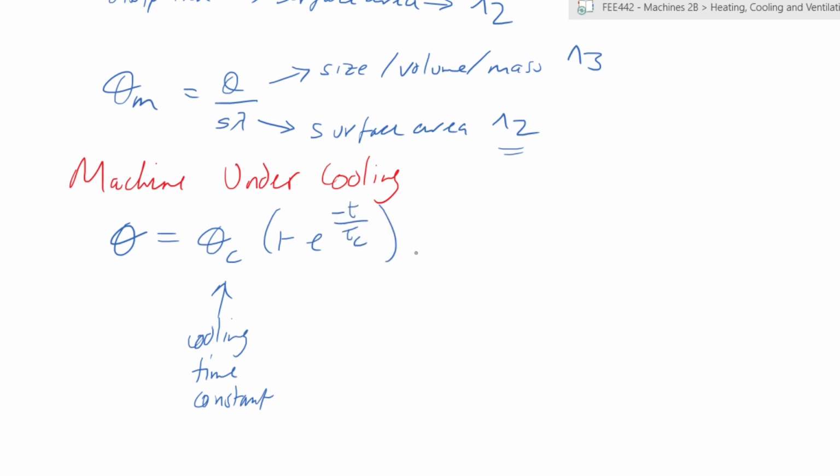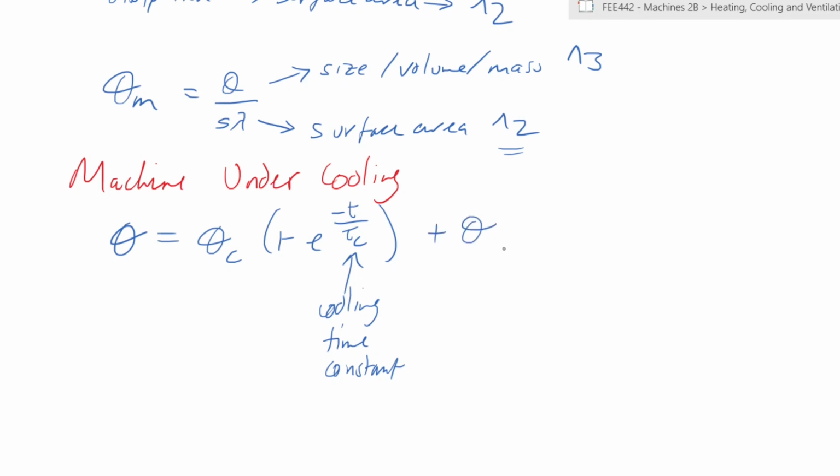Sorry, this was actually... And you have theta_i e to the power of minus t over tau c. Right? So your cooling time constant tau c may not be equal to your heating time constant.